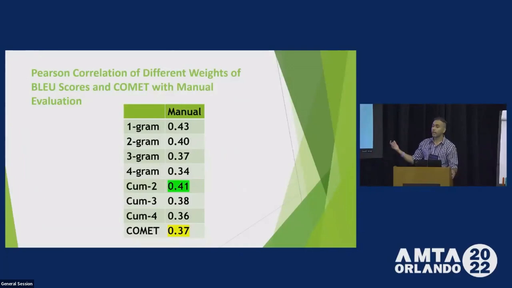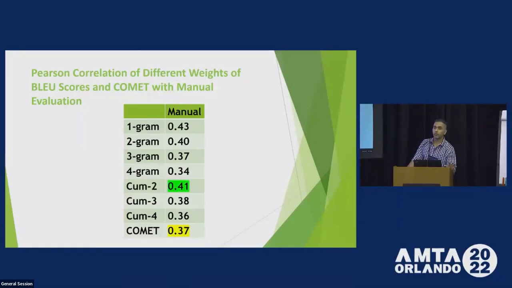We saw that, contrary to the cumulative 4-gram BLEU weight that is used as a default, cumulative 2-gram showed better correlation with the manual evaluation gold standard, and BLEU-2 is only second to 1-gram.